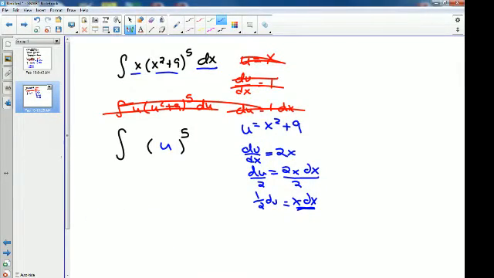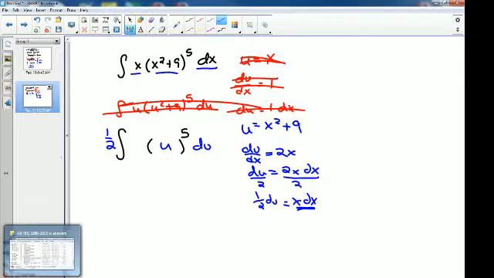So I have a half and a du. The x is gone. We've got rid of the x and the dx, and half du is in its place. Is this a lot more user-friendly? Again, your point here is to get these to a spot where you can calculate the integral.